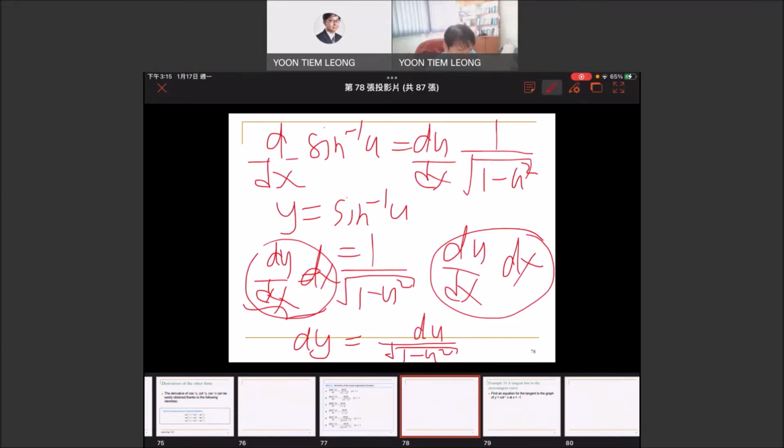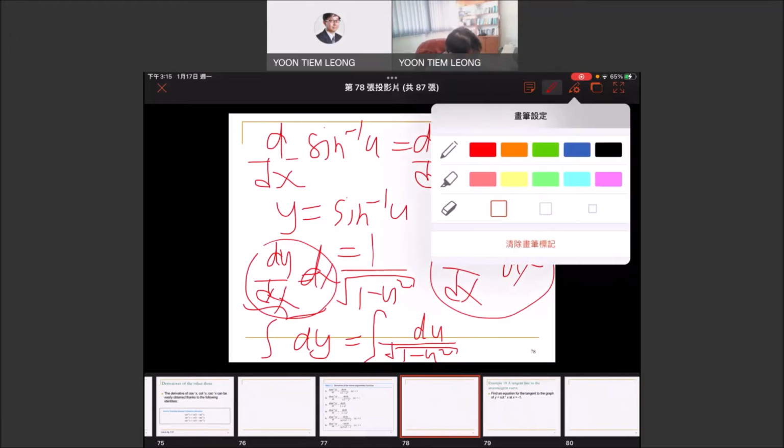Then you take the antiderivative on both sides. This is a symbol that says I am taking the antiderivative of dy, and of the right hand side. After you have taken the antiderivative, I get this relationship, which is quite straightforward.